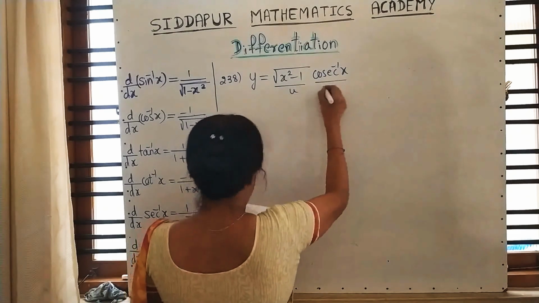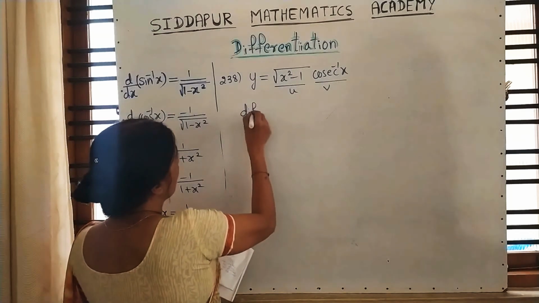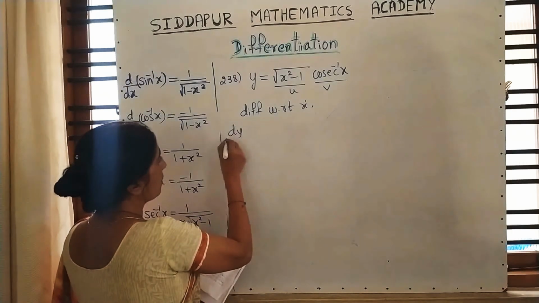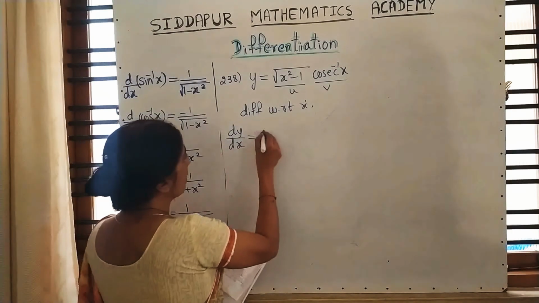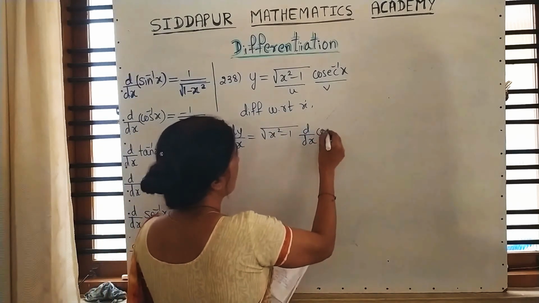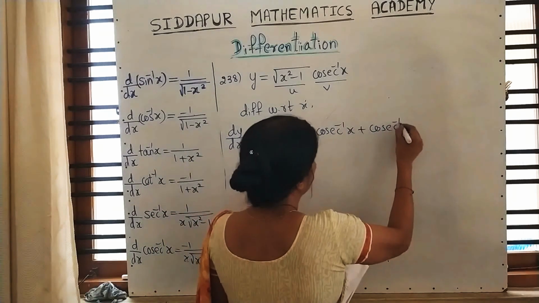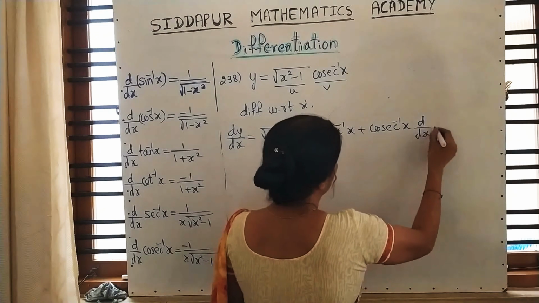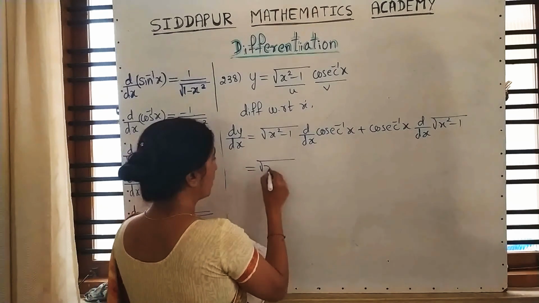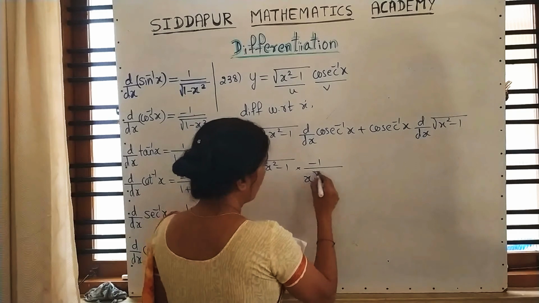Again this is u, this is v. Differentiating with respect to x. Dy upon dx is root of x square minus 1. What is the differentiation of cosecant? Minus 1 upon.